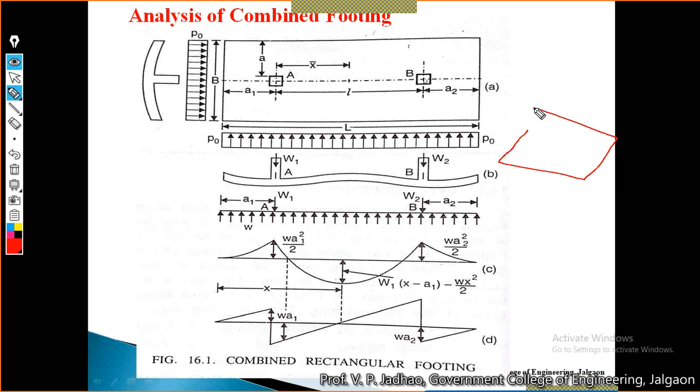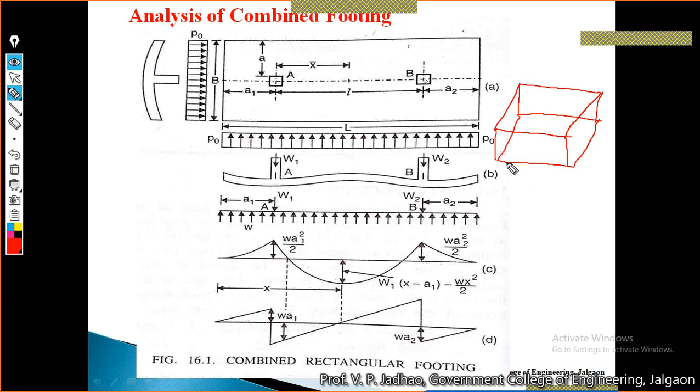If we see the bottom plane of your footing, let us consider this is your bottom plane of footing, and there will be some top plane again. Like this, there will be some top plane. Now the pressure will be like this on this footing.